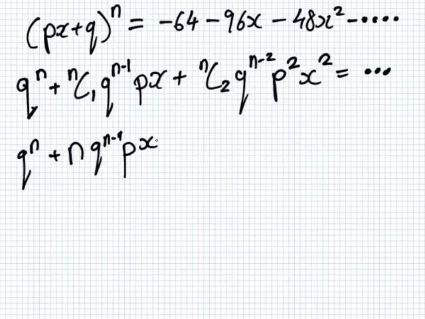And nC2? We don't know. We can't know. We can kind of know. That's the one: n squared minus n over 2. Look, nC2, remember the definition.